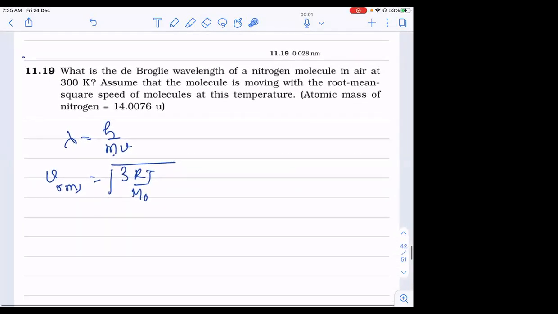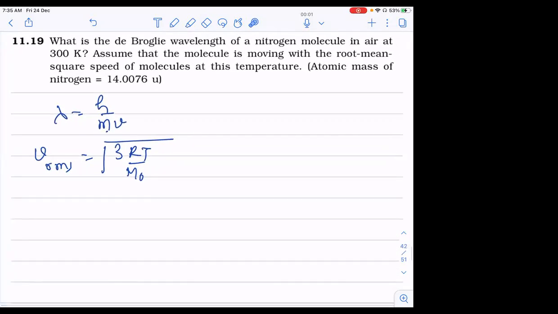Look, there is one more question, of course this one asks a bit from 11th. What is the de Broglie wavelength of nitrogen molecules in air at 300 Kelvin? The formula for de Broglie wavelength will be h upon mv, but here they said to take v as the RMS velocity. Assume that the molecule is moving with the RMS velocity of a molecule at that temperature, and its atomic mass is given.